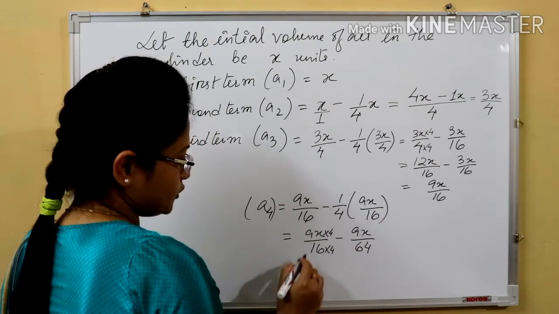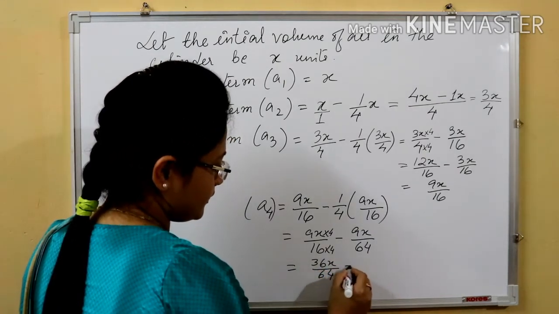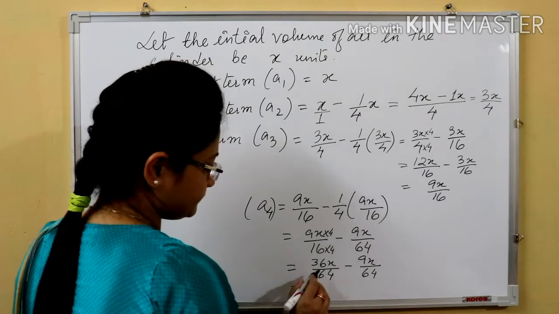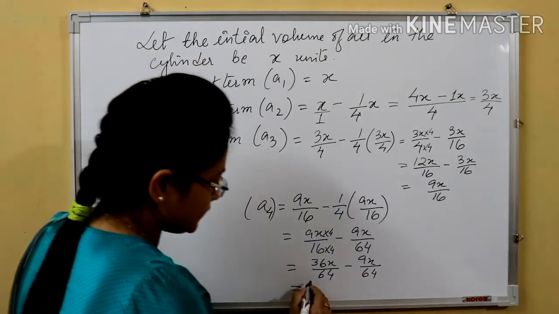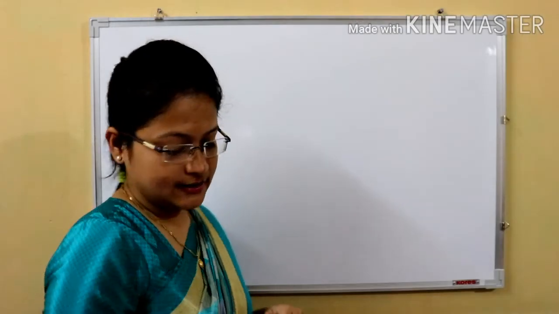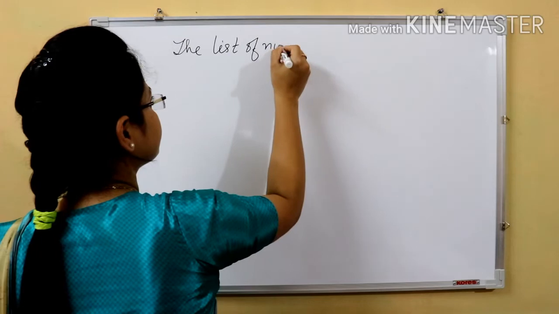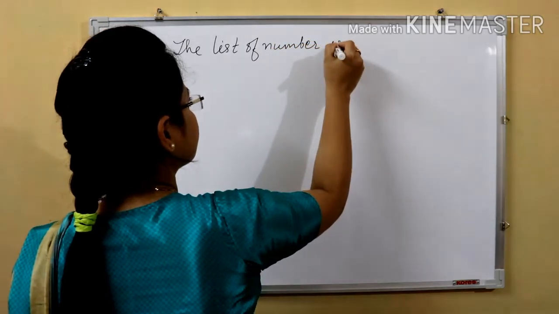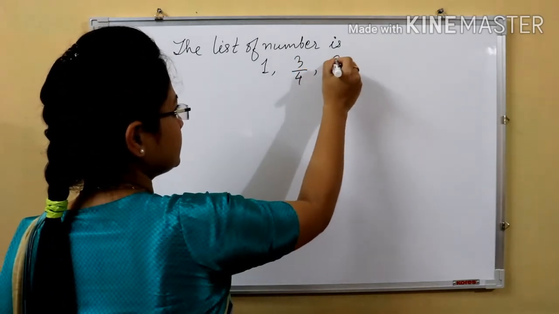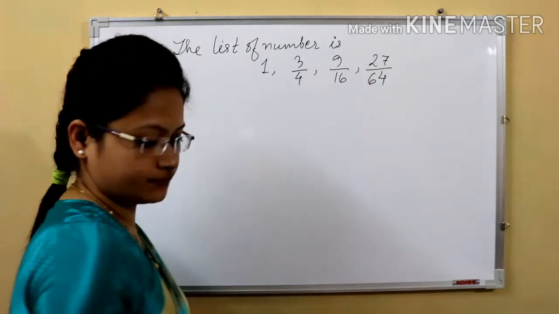So 9 fours are 36x by 64 minus 9x by 64. So 36 minus 9 gives us 27x by 64. The list of terms that we got is x, 3x by 4, 9x by 16 and 27x by 64.